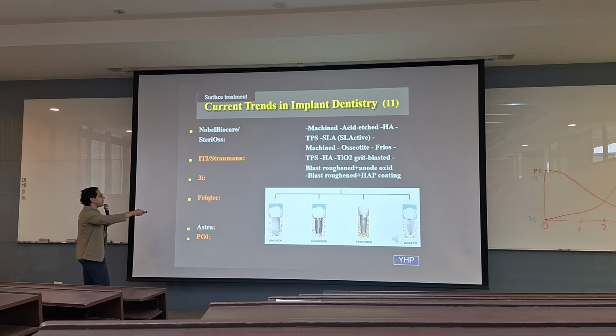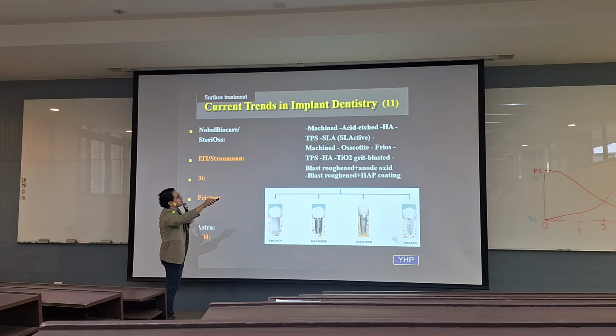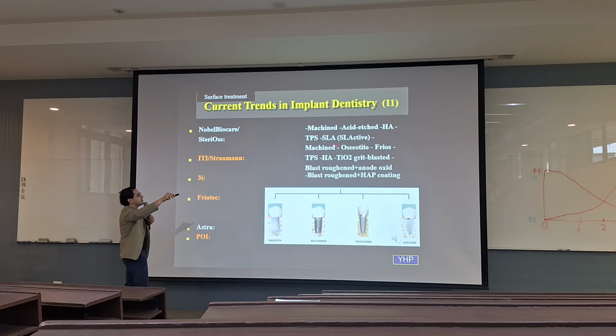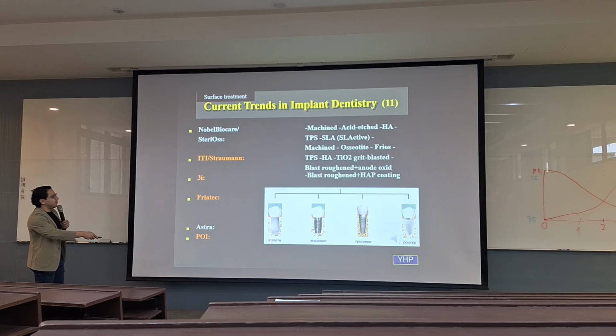Then we start using different types of dental implant companies. They start trying different types of roughness. We can do SLA activation, machine. We can have grit blasted. Some of them were smooth, they failed completely.